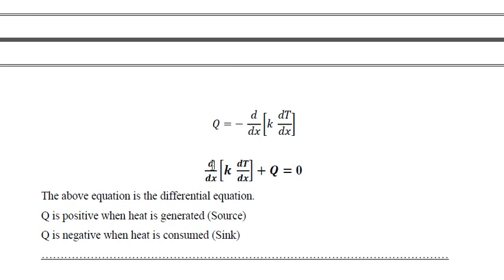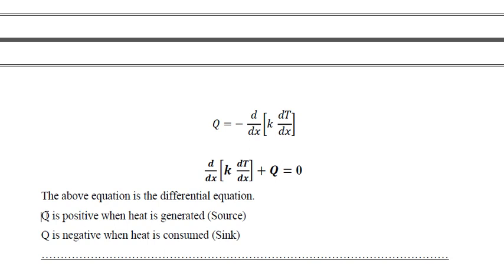d by dx into dT by dx of K, or d square T by dx square, that is double differentiation of the conductivity, plus the rate of heat flow will be equal to 0.